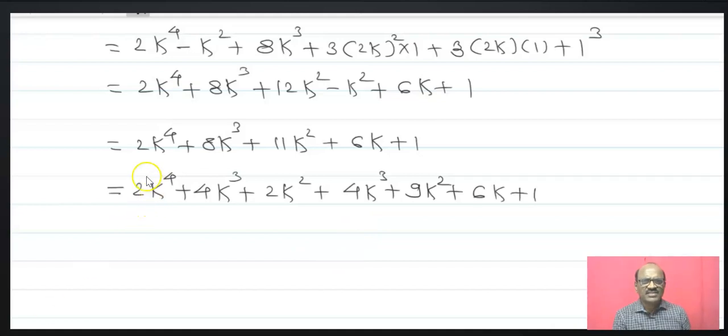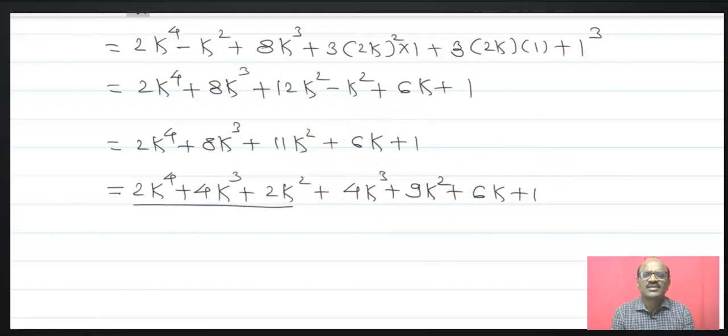Therefore we adjust here, that is 2k raised to 4 as it is. This 8k cube can be written as 4k cube. Again 11k square can be written as 2k square. Next is, what is the remaining here? The remaining here is 4k cube, 9k square plus 6k plus 1.